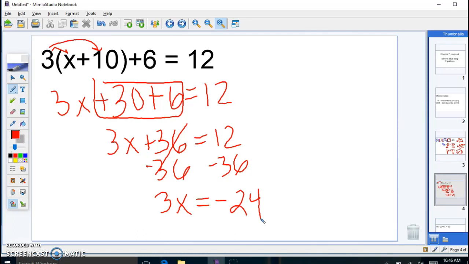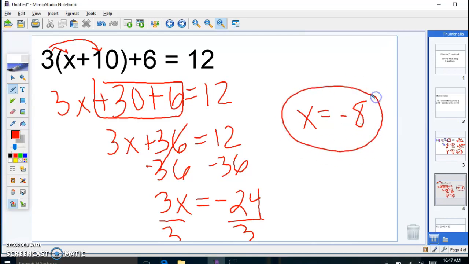And then the last thing we need to do is divide both sides by 3 because it's showing 3 times x. And the inverse of multiplication is division. Dividing by 3, x equals, and then negative 24 divided by 3 gives me negative 8 as my final answer.